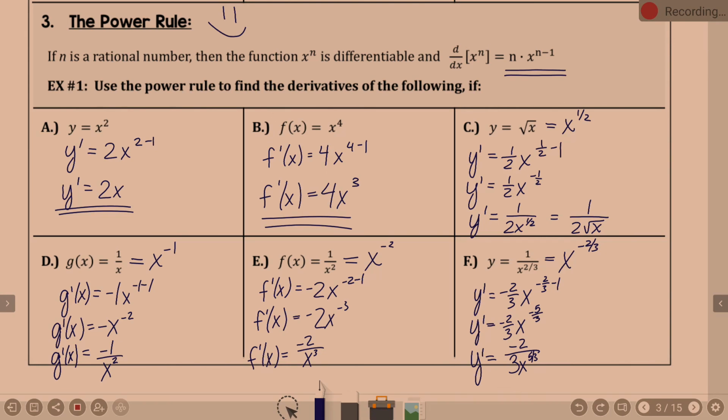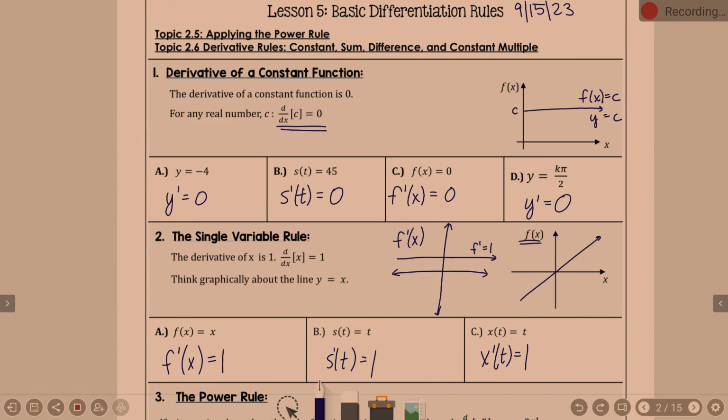Real quick, two things. On the top part of this page, could you apply the power rule right here? Move your power out front and subtract 1 from your power. So if I move my power out front, 1 times x.